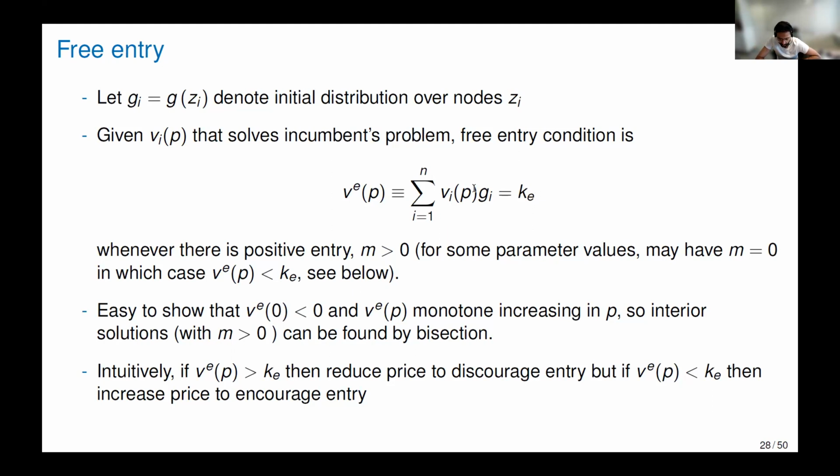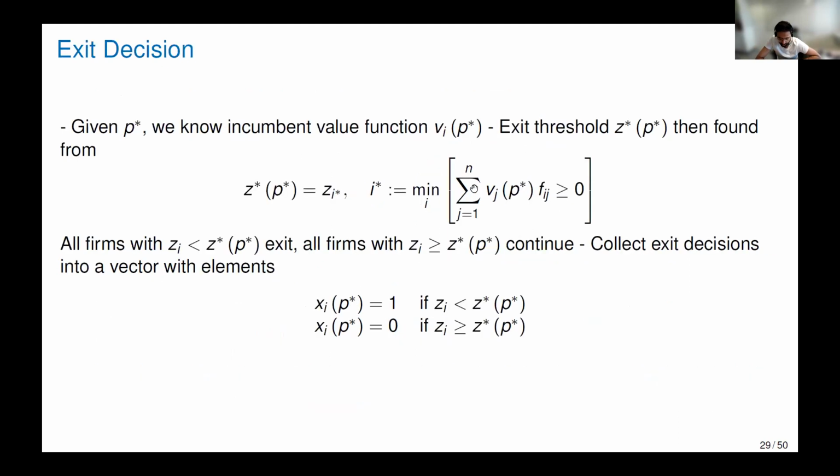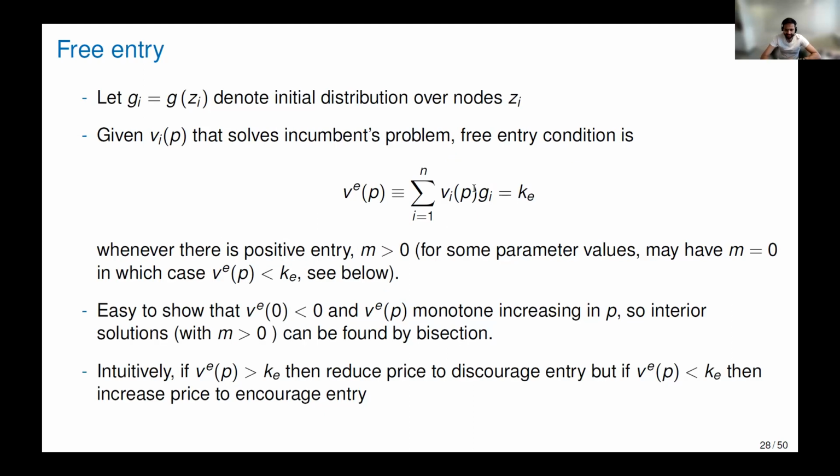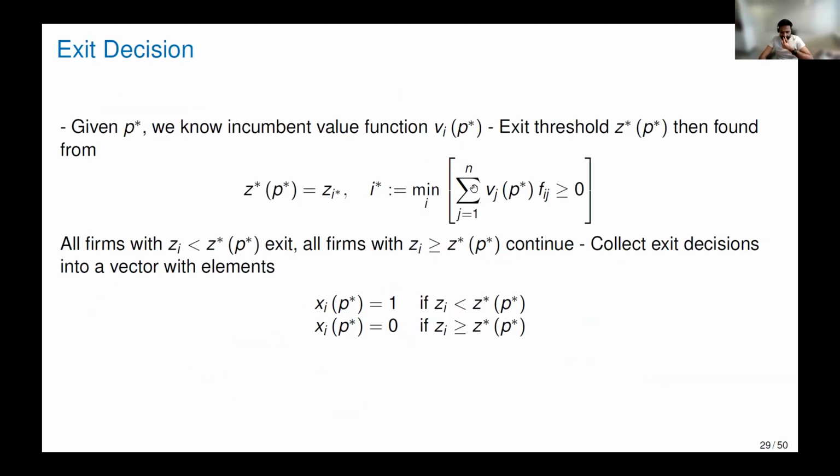Okay, so the exit decision is simple. Given P star, the incumbents know their value function VI P star. The exit threshold you can find where, given P star, you need to find the minimum I, the level of productivity, such that the continuation value is greater than 0.